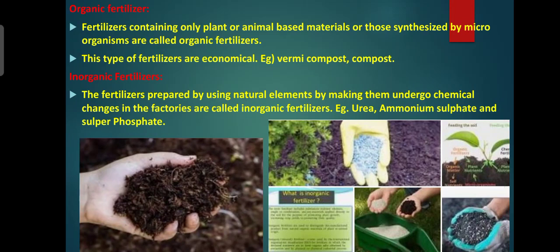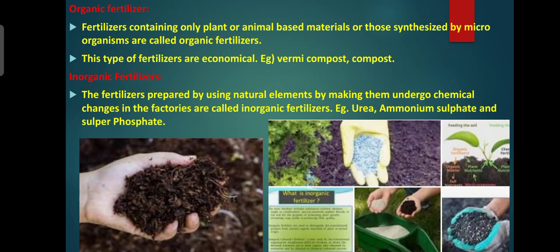These are used by farmers daily to increase the crop's yield. The fertilizer contains the essential nutrients required by the plant, including nitrogen, potassium, and phosphorus. Hence, it improves the water retention capacity of the soil and also increases its fertility.